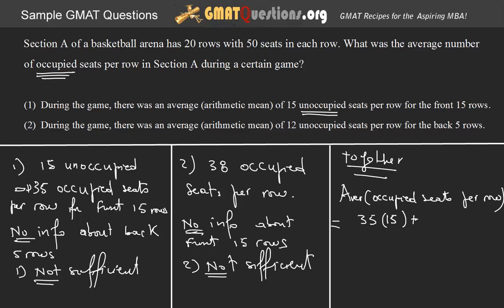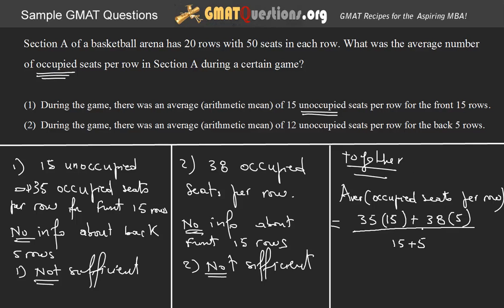plus 38 here times 5, divided by what? What do we divide by? Remember, occupied seats per row. Per row, this tells you that you have to have rows at the bottom. Okay, so this is going to be 15 plus 5, because they say per row.